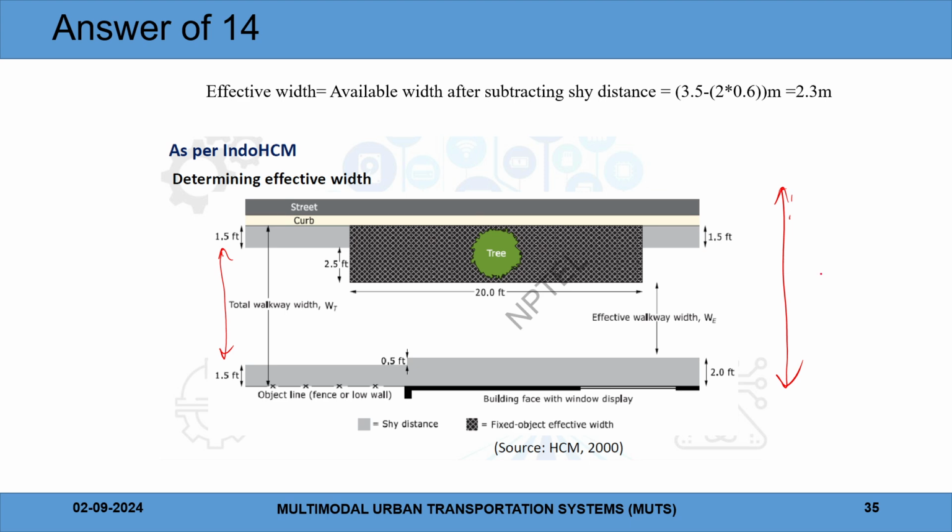This shy distance is between the curb and the pedestrian. If there is a curb or some object here, people may not go just beside that. So they will maintain certain gaps, maybe 1.5 feet. They will maintain a certain gap from that object or that particular thing, maybe for psychological reasons.